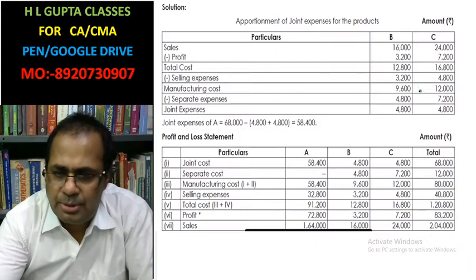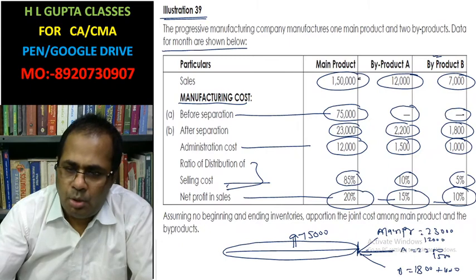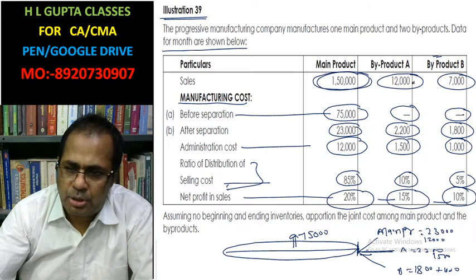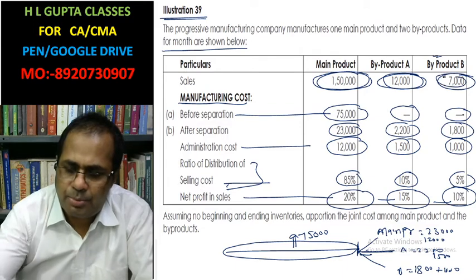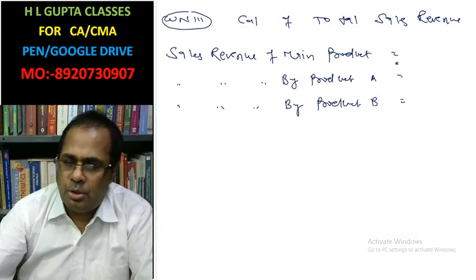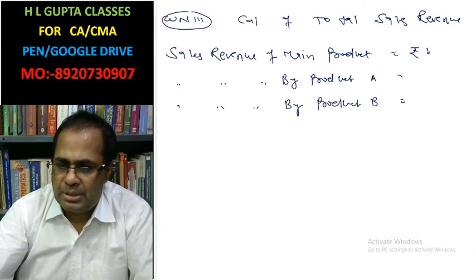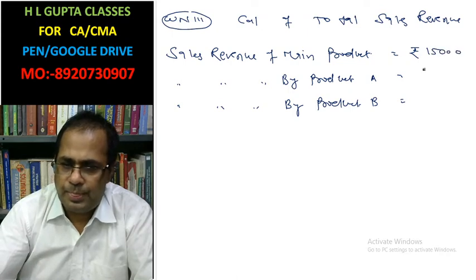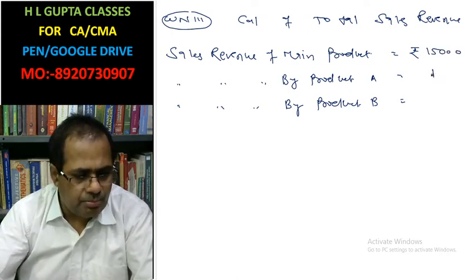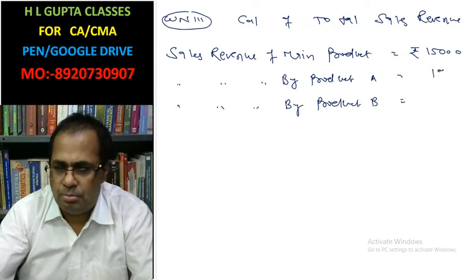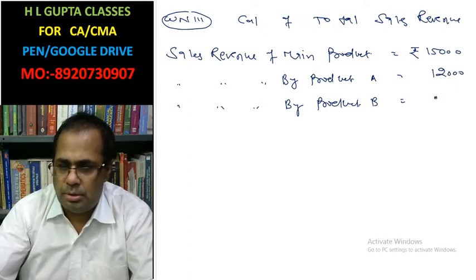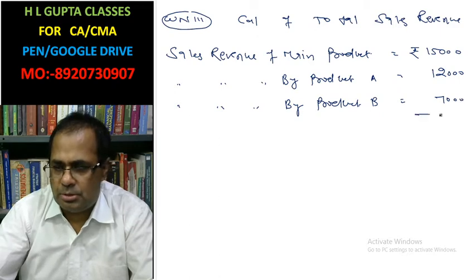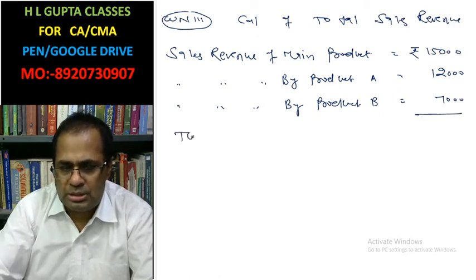What are the sales revenues in this question? 1,50,000 for the main product, 12,000 for byproduct A, 7,000 for byproduct B. Total sales revenue.